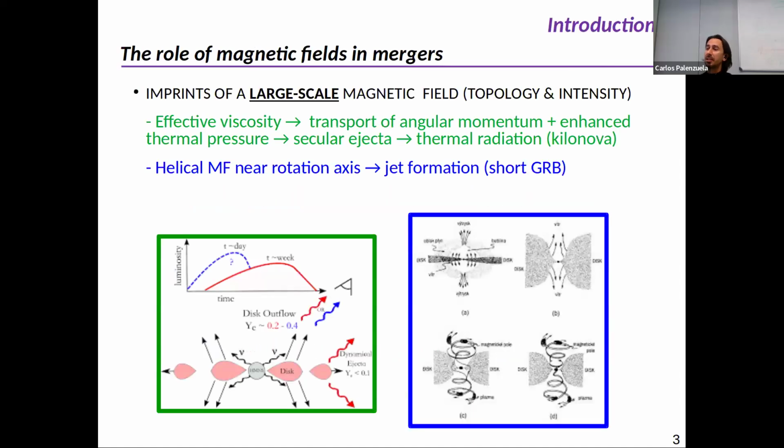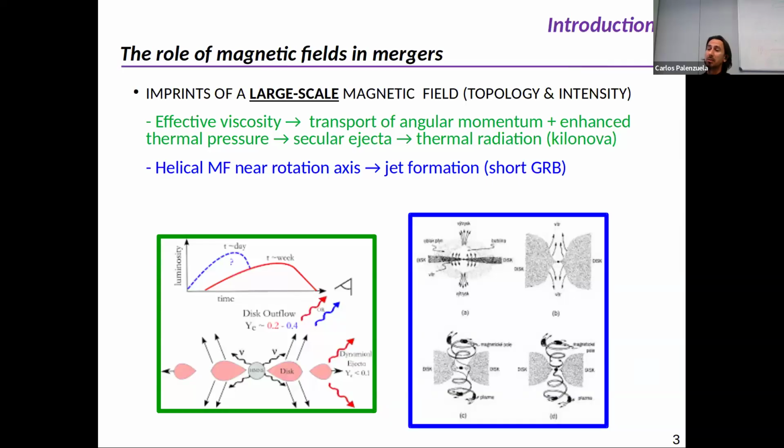Well, first, it is probably not necessary that I stress how important is the role of the magnetic fields in binary neutron stars mergers, or binary black hole neutron star mergers. The imprints of the large-scale magnetic field can induce some effective viscosity in the remnant that will enhance the transport of angular momentum and also the thermal pressure.